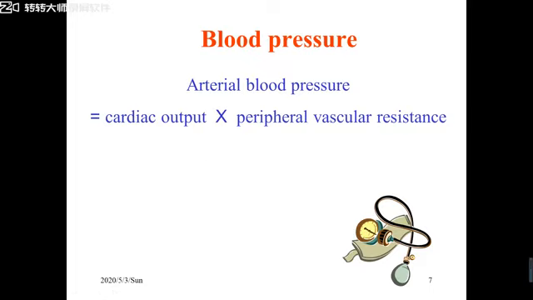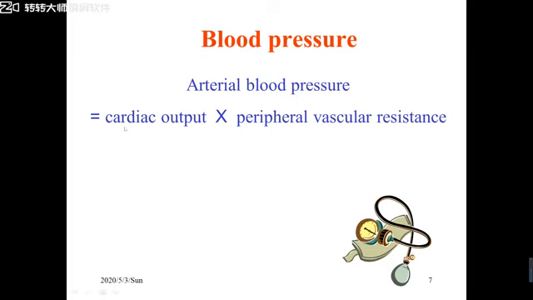Before we study antihypertensive drugs, let's review about blood pressure. In your physiology class, you have studied that arterial blood pressure is determined by two factors. One is cardiac output. The other factor is peripheral vascular resistance.